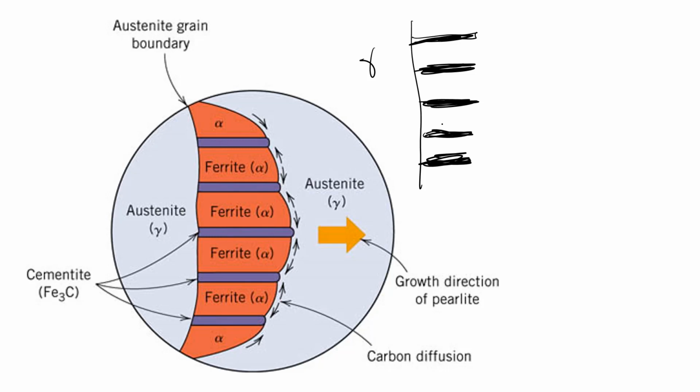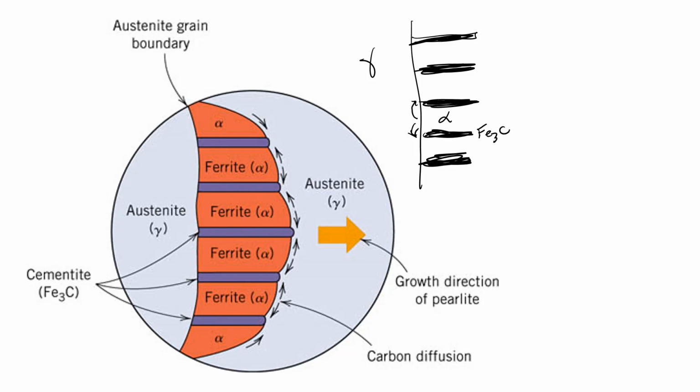But we know for this to form, carbon has got to diffuse from areas that are going to become alpha over to the areas that are going to become Fe3C because they have a lot of carbon. So this forms a layered structure.